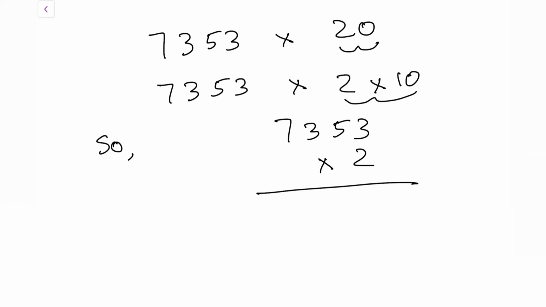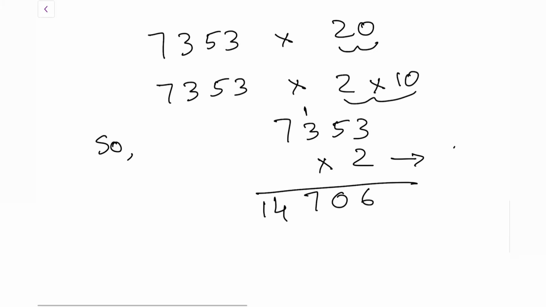First step is that 3 2s are 6, 5 2s are 10, 3 2s are 6, 7 2s are 14. So you multiply 7353 with factor number 1. That's your first step. You get 14706, and then multiply it with your second factor, which is 10.